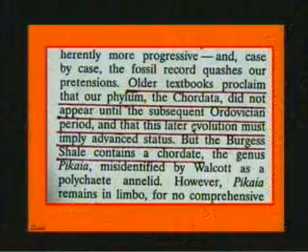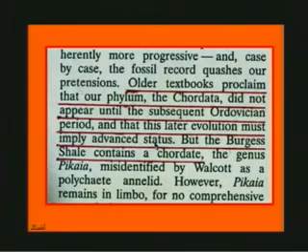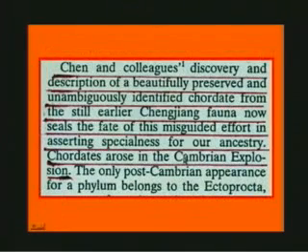So older textbooks proclaim that our phylum, the Chordata, did not appear until the Ordovician period, and that this later evolution must imply advanced status. But the Burgess Shale contains a chordate. What does that mean? Well, they identified a chordate from the Chengjiang fauna and now seals the fate of this misguided effort in asserting specialness for our ancestry.